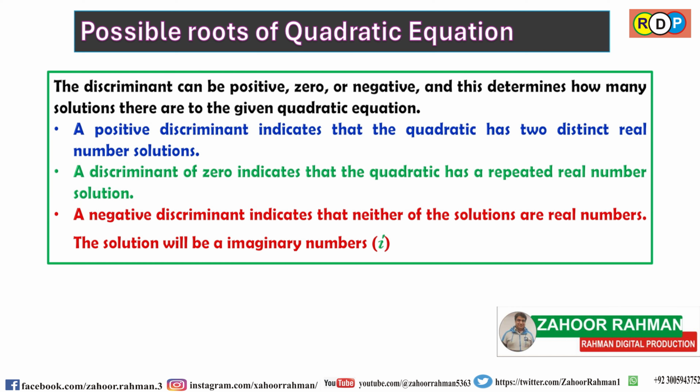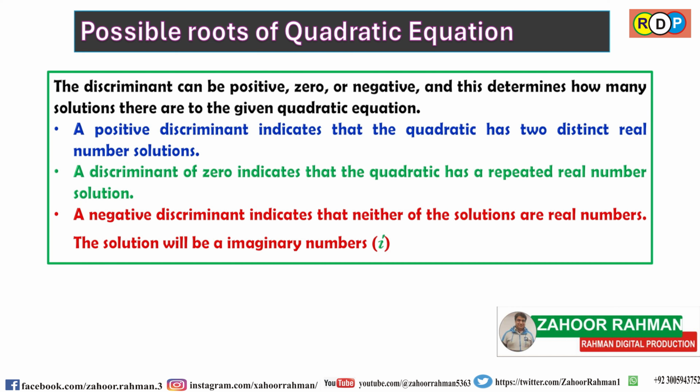If a negative discriminant is obtained, the solution will be a complex number. Remember that complex numbers are formed from two parts, the real part and the imaginary part. So there will be an imaginary part inside that solution.